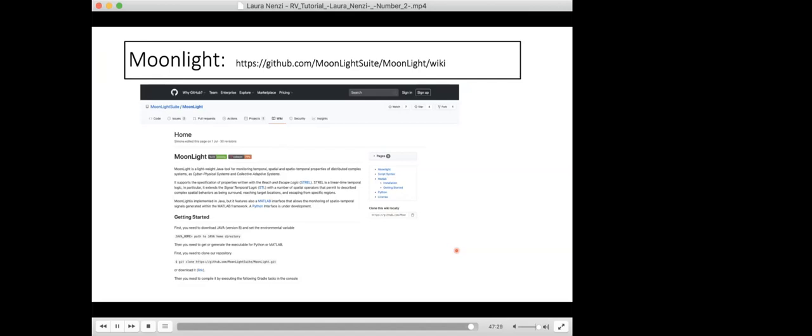And furthermore, there is a tool. Moonlight is a Java tool, and actually in this conference it will be presented a MATLAB interface that you can use for specifying and monitoring STREL properties. And this is the website.